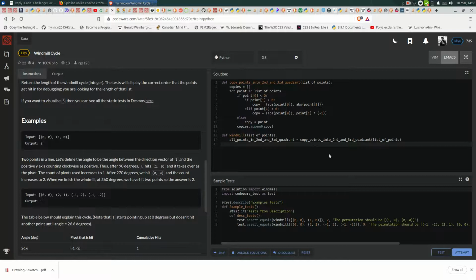Guess that's best done with, I don't know, what data type would be the best for that. You could do a dictionary, I guess.